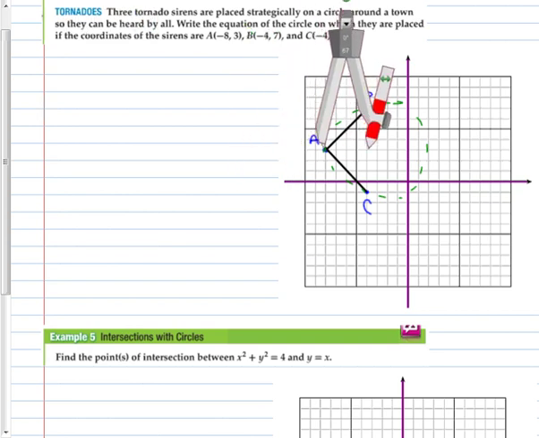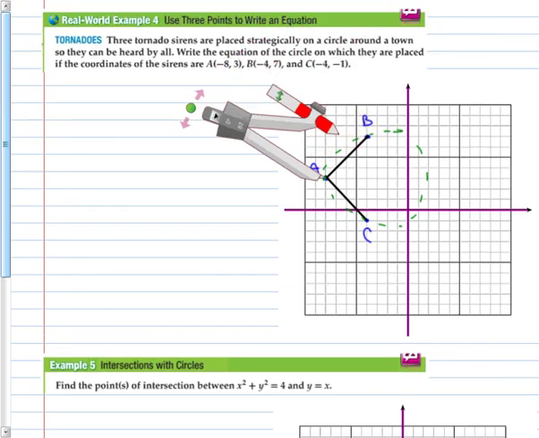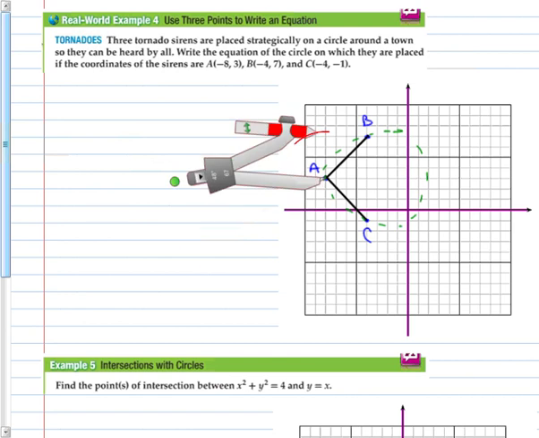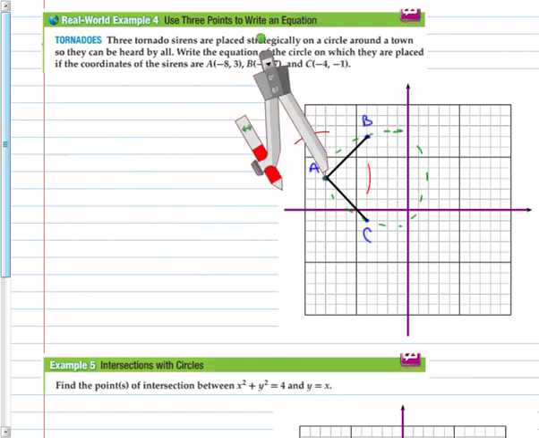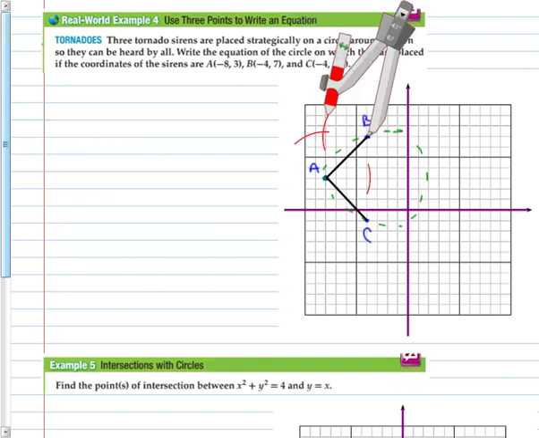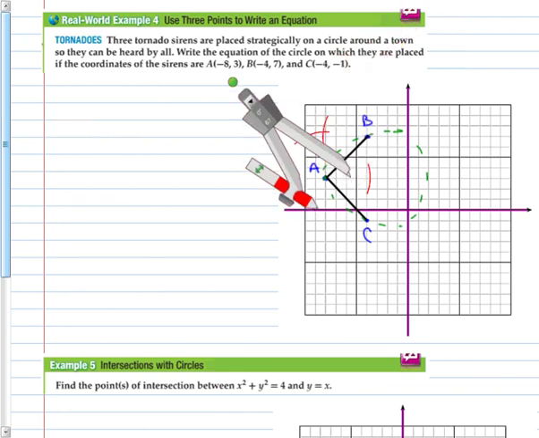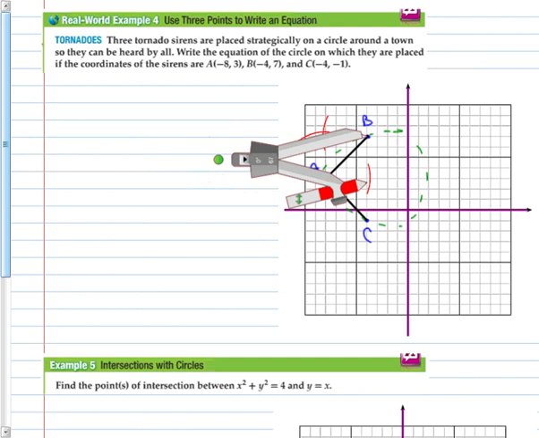Remember how to do perpendicular bisectors? I'm going to put my point there. I am going to open it up over halfway. I'm going to put a mark above and a mark below. I flip to the other side. I do the same thing. I cross it above and I cross it below.